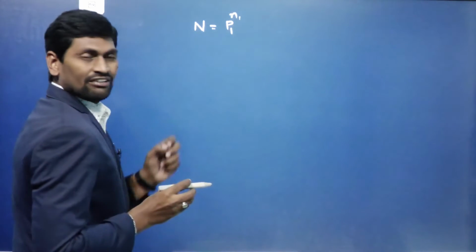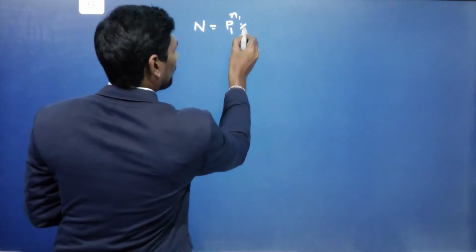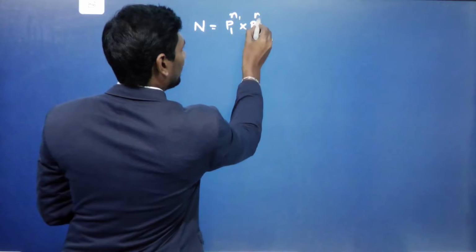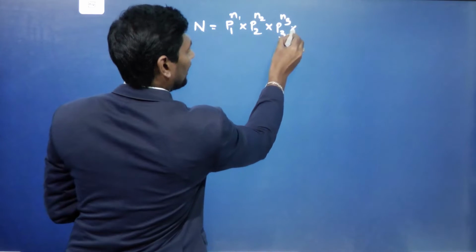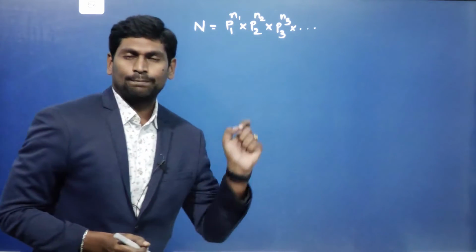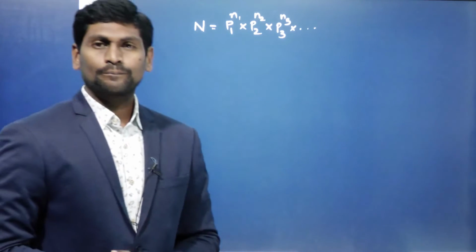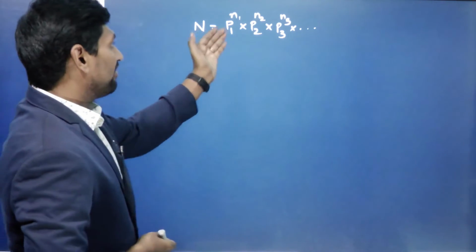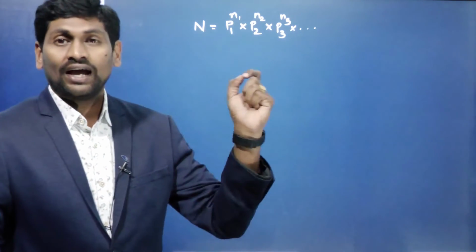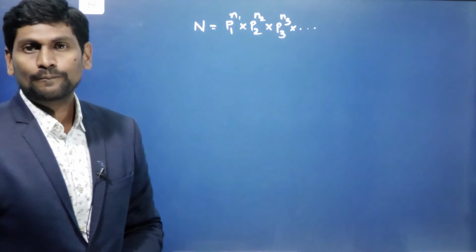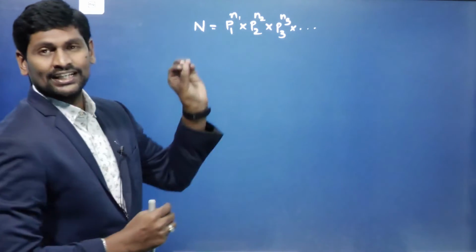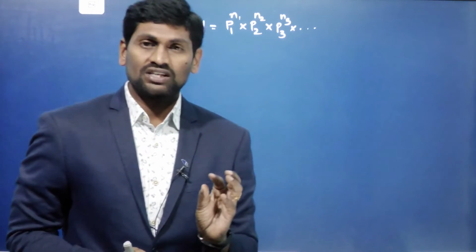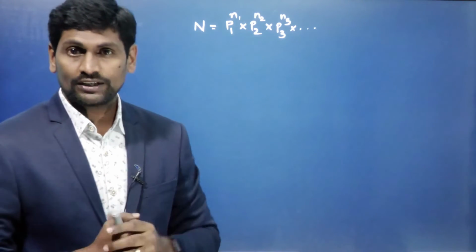That means p1 power n1, p2 power n2, p3 power n3, and so on, where p1, p2, p3 are prime numbers, and n1, n2, n3 are their exponents respectively. Clear? That means any composite number can be expressed as a product of primes and the prime factorization is unique.